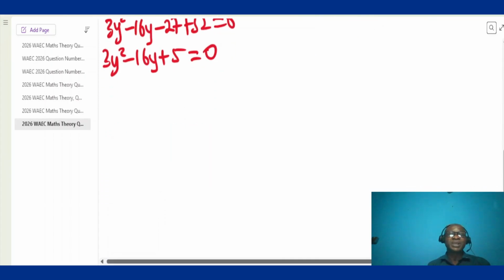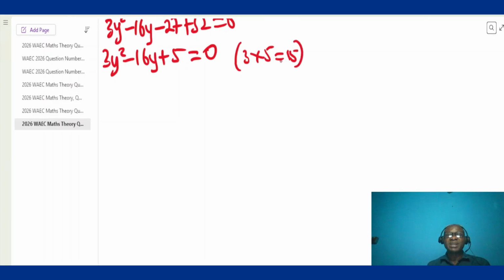So let's find two numbers I can multiply. Mind you that 3 multiplied by 5 will give me 15, meaning that I will look for two numbers which multiply to give 15, and when I add them, I get minus 16. I know that minus 1 and minus 15 can do the job, because minus 1 multiplied by minus 15 will give me positive 15, and when I add minus 1 to minus 15, I get minus 16.